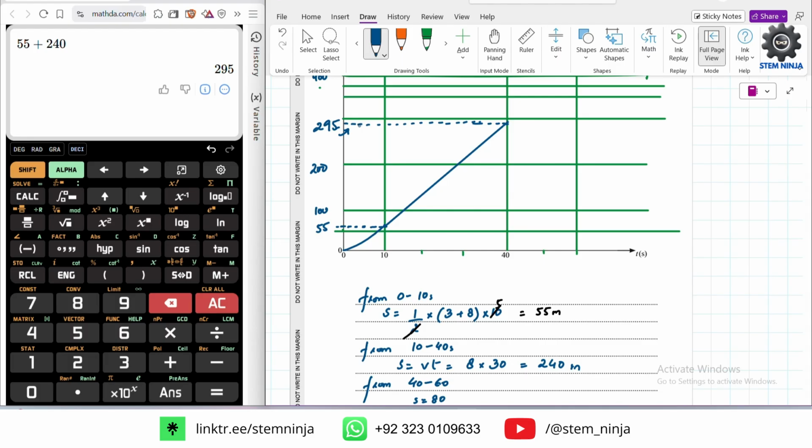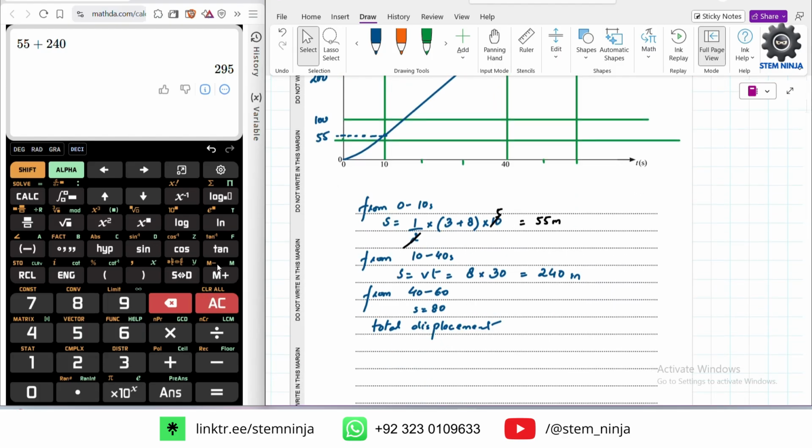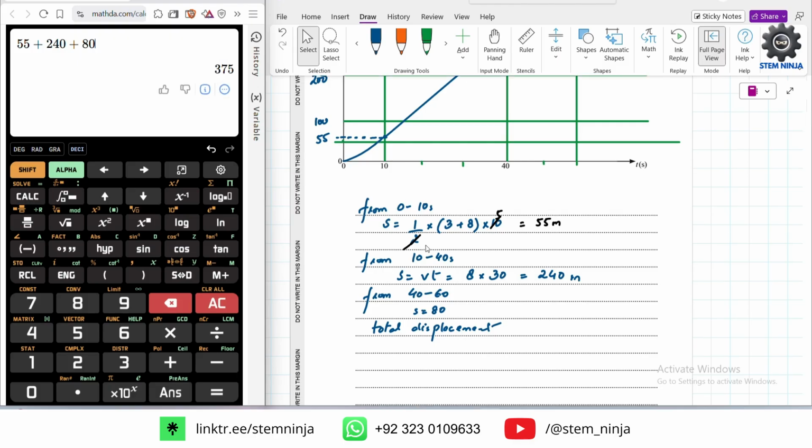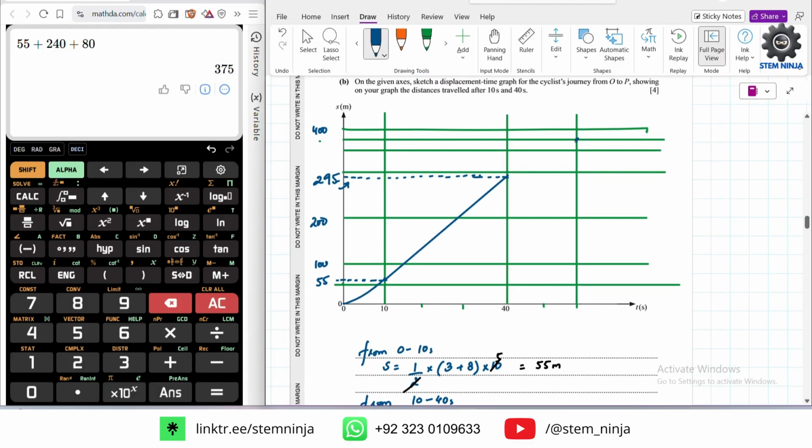And then it's decelerating up to a further 80. So plus 80 is 375. So 375 would be right over here, decelerating like this. Yeah, so basically like this.